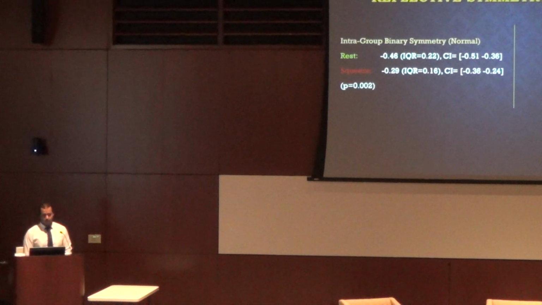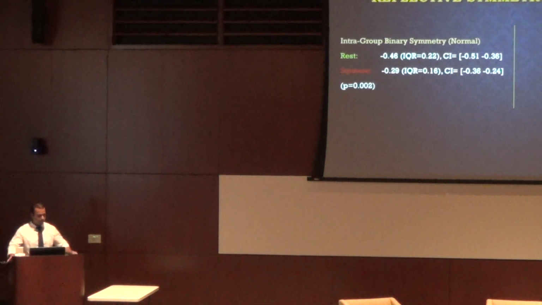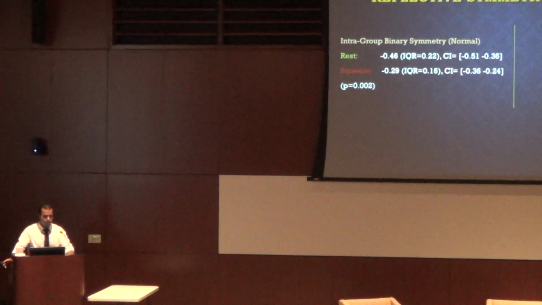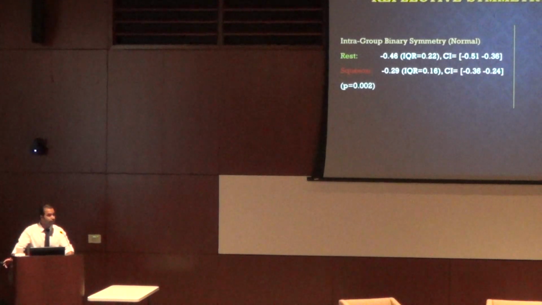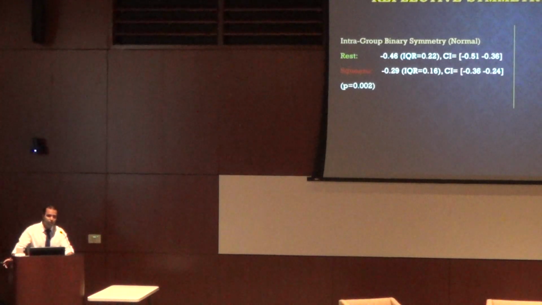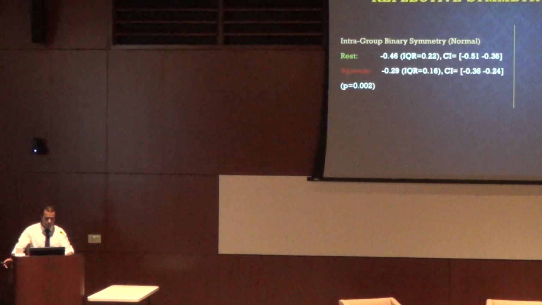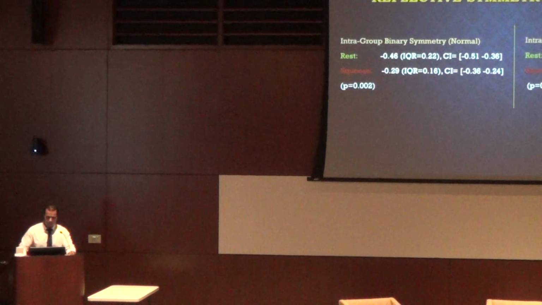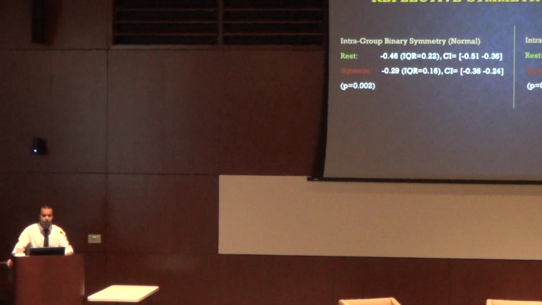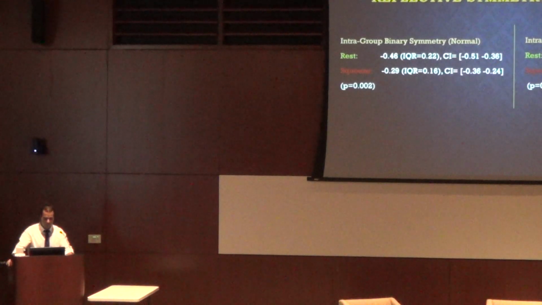So at rest, the normal group have a symmetry of minus 0.46, and it seems that during squeeze, they become more symmetric. But this was not the case for the patient group, and the increase was not even statistically significant.